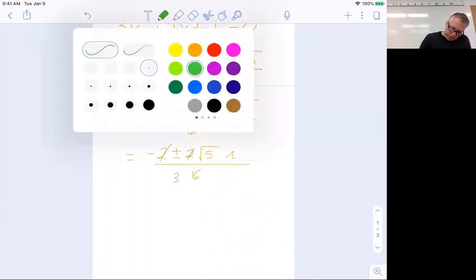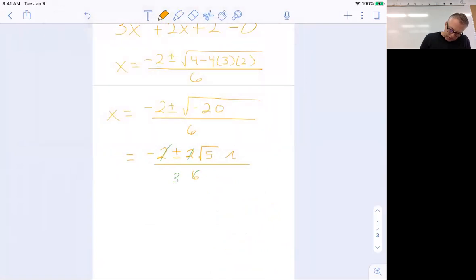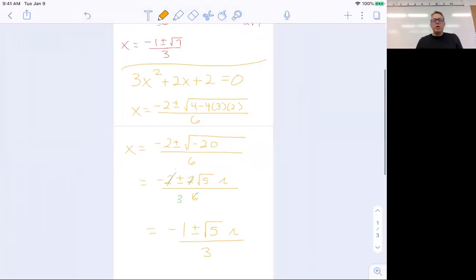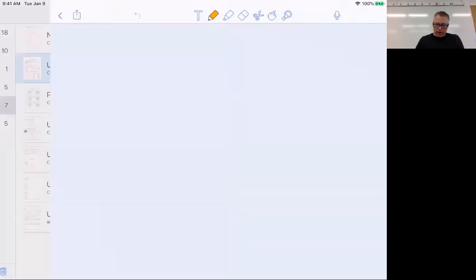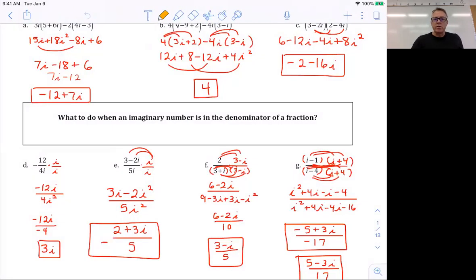And so my final answer would be x is equal to negative 1 plus or minus the square root of 5 i over 3. So we're headed towards this idea with the quadratics. For today, we're just going to be working on doing these operations with i.